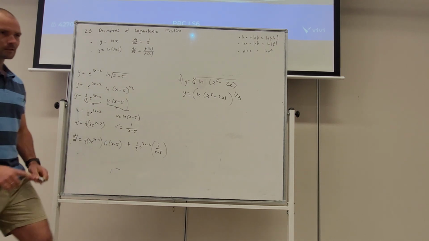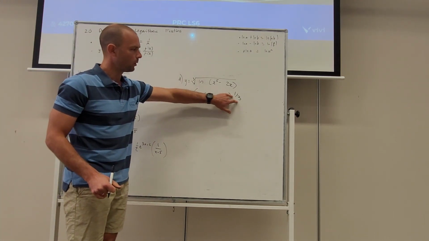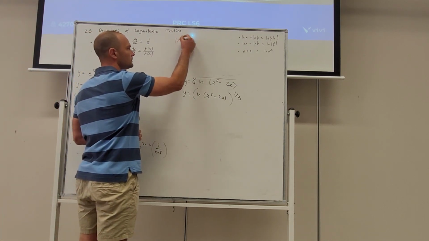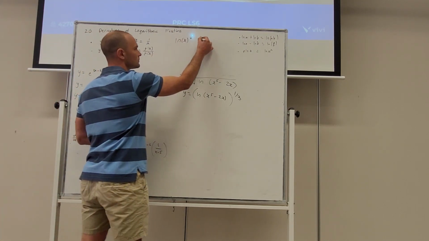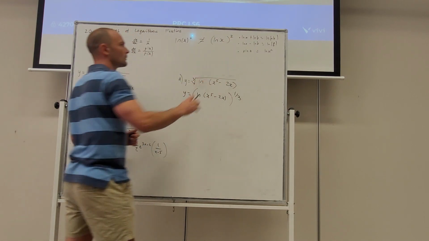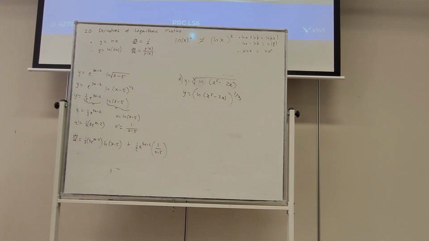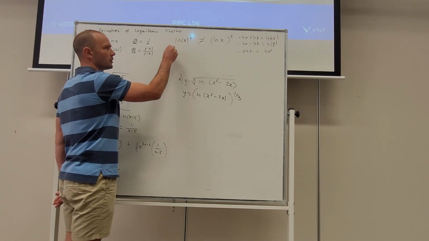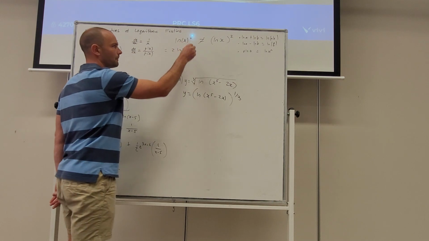However, this does not mean we can pull the third out the front, because these are not the same. There's a difference between these two. Here is the circumstance where you can pull the power out the front.